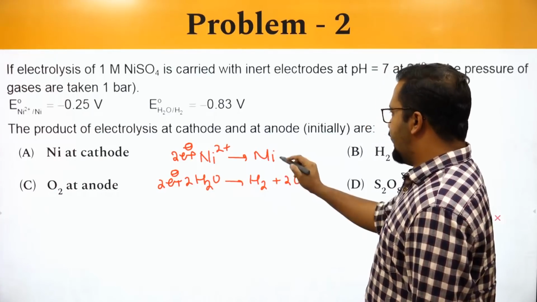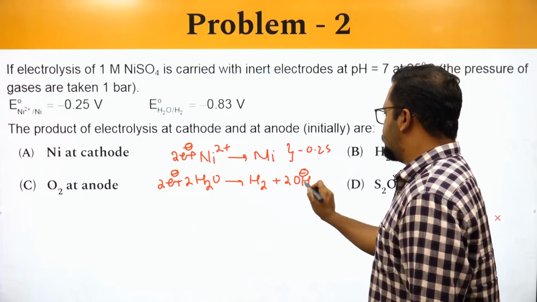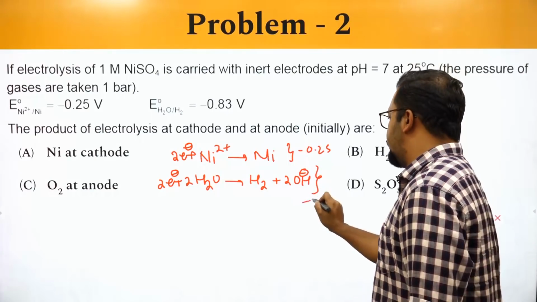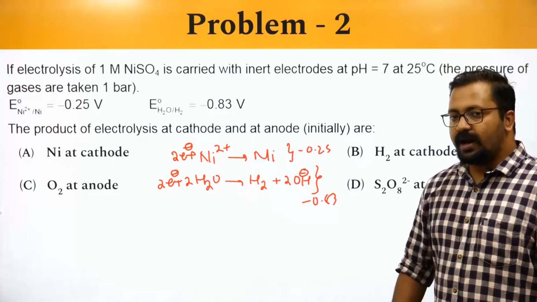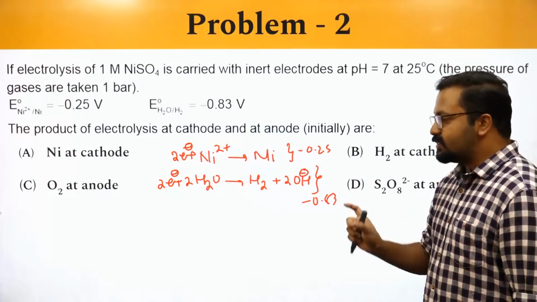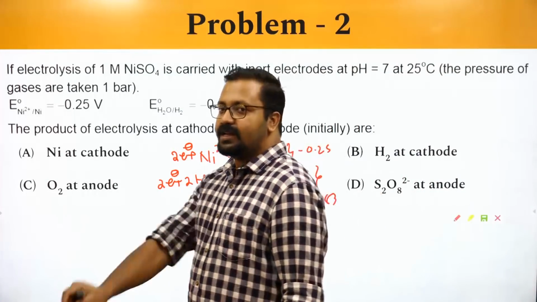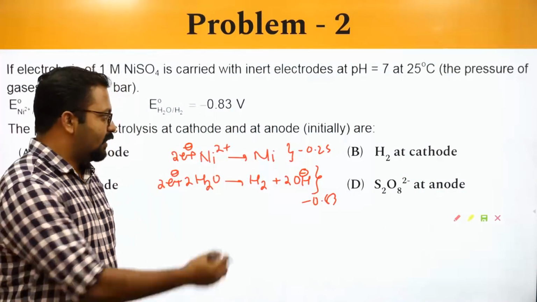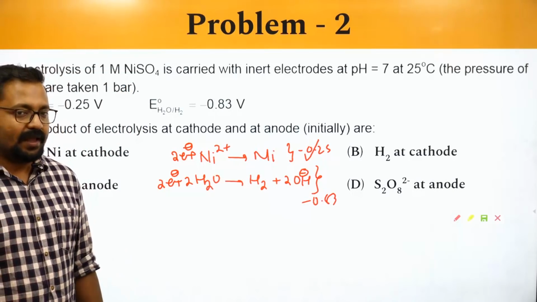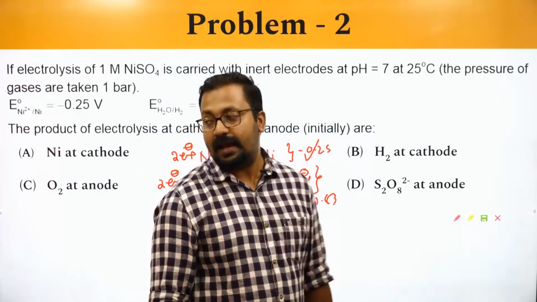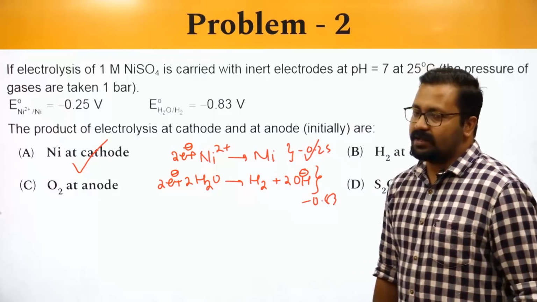For this, the value is minus 0.25. For this, the value is minus 0.83. Now tell me guys, which will give a less positive value of delta G? This one. So what should be liberated at the cathode? Nickel. Nickel should be liberated at the cathode.